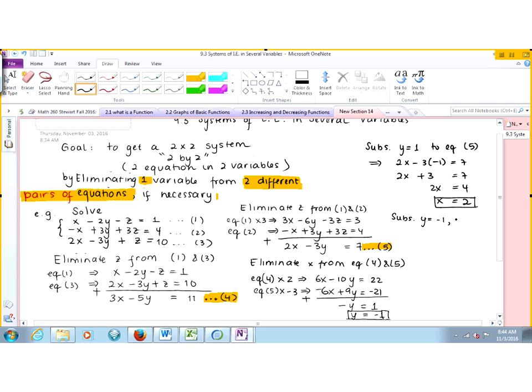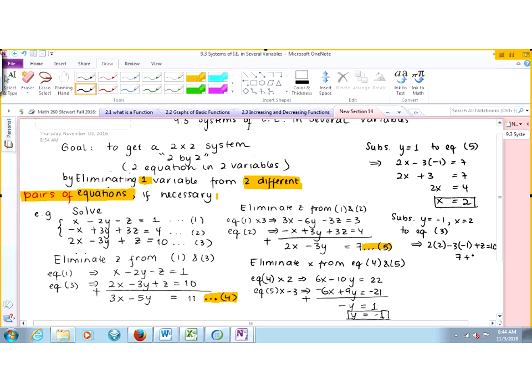Yes. So substitute y equals negative 1 and x equals 2 into an equation. Which one do you like? Yeah, I like 3, so I do 3. But you could do 1, right? The answer is the same. 2 times 2 minus 3 times negative 1 plus z is 10.